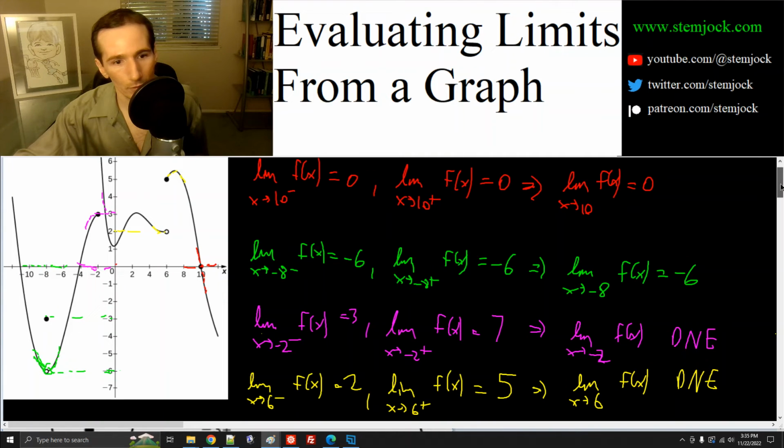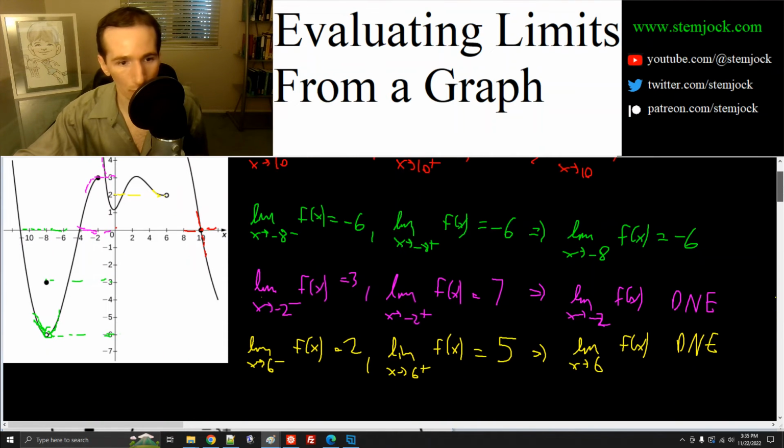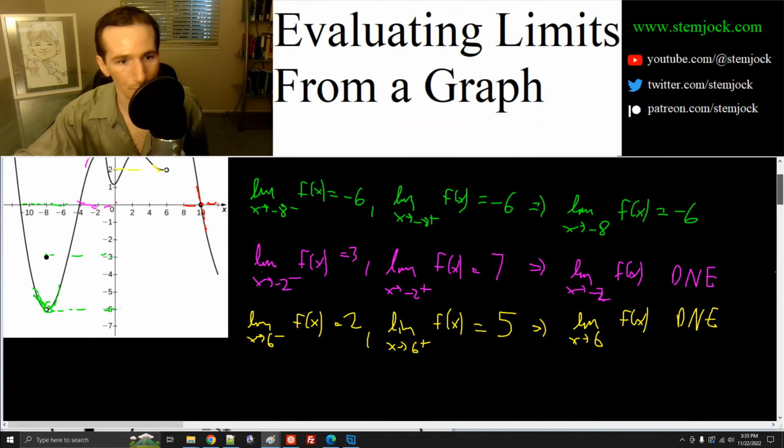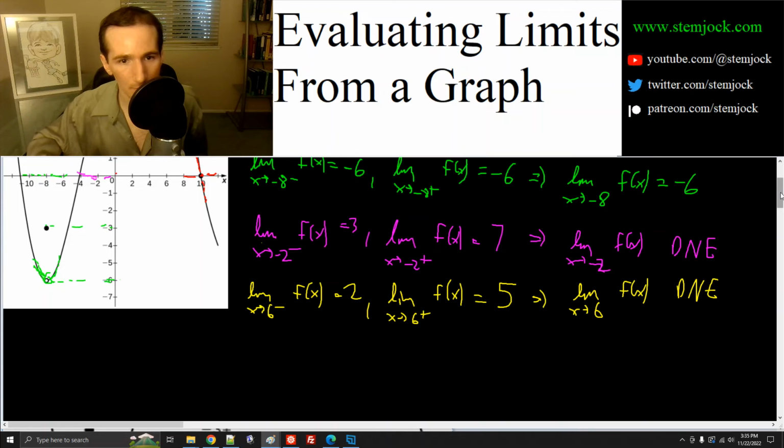We could stop there, but I'll give you just a few more limits just for fun. So let's talk about the limit of the function as x approaches +12. Now, we can only talk about this limit from the left-hand side because we can't see anything about the function from the right side.